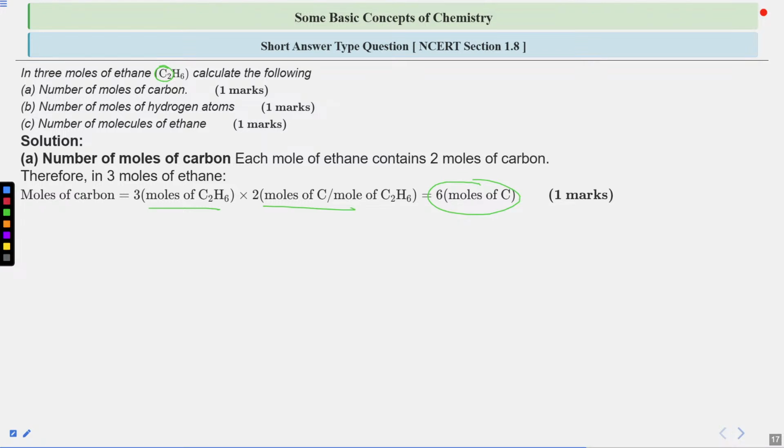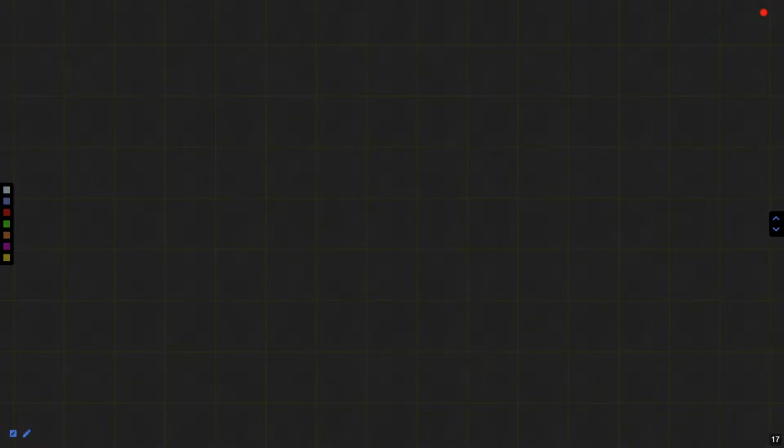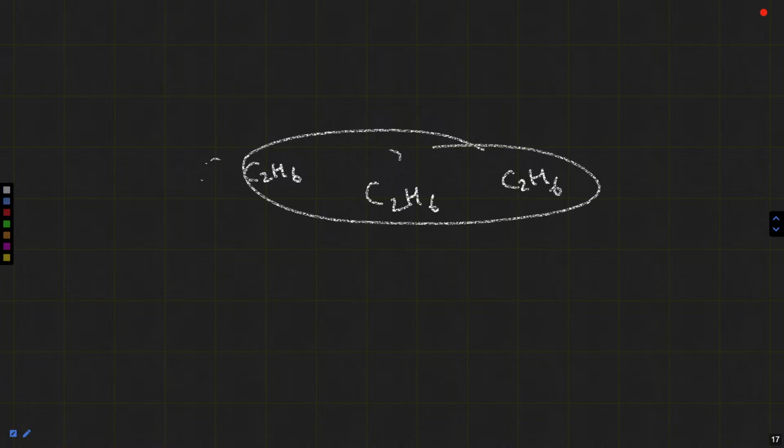Again I am repeating it. Suppose you have 3 molecules of ethane. Then what will be the number of carbon atoms in these 3 molecules? It will be 2 plus 2 plus 2, that will be 6 atoms of carbon.